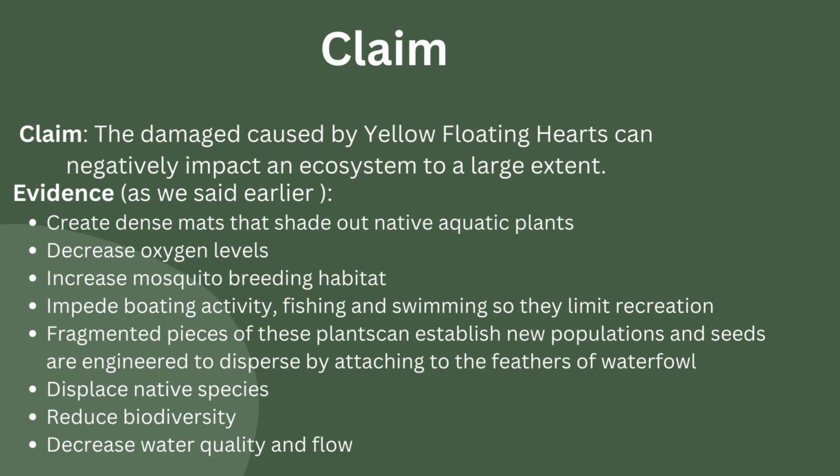Our claim is that the damage caused by yellow floating hearts can negatively impact an ecosystem to a large extent. Our evidence, as we said earlier, is that the yellow floating hearts create dense mats that shade out native aquatic plants. They decrease oxygen levels, increase mosquito breeding habitat, and impede boating activity, fishing, and swimming, so that they limit recreation.